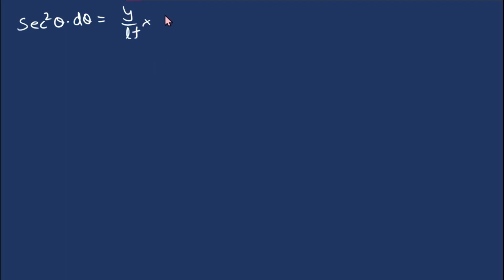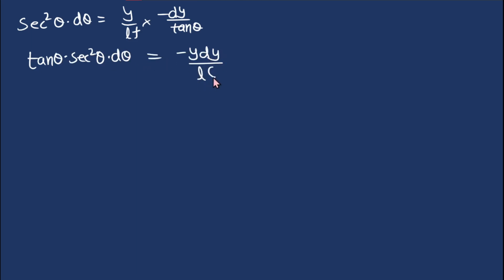So this is going to be minus of dy by tan theta, right? So just cross multiply it, we get tan theta sec square theta d theta equal to minus y dy by LF, right? So now it can be integrated.